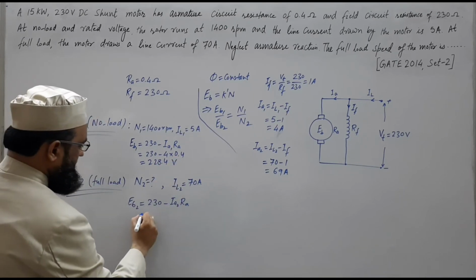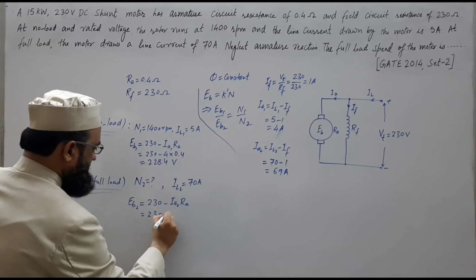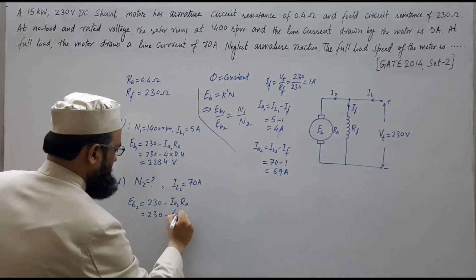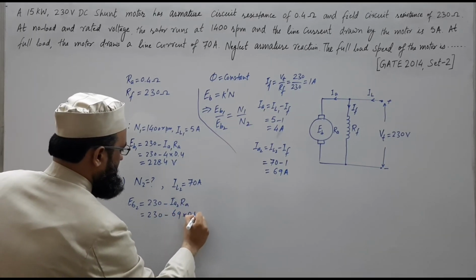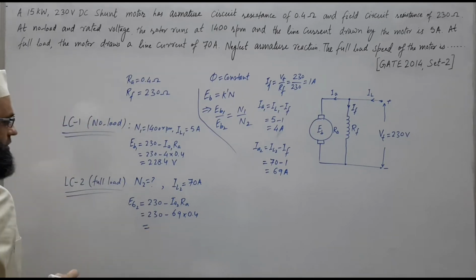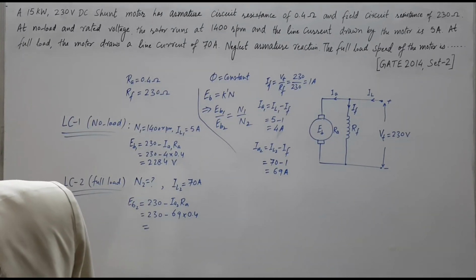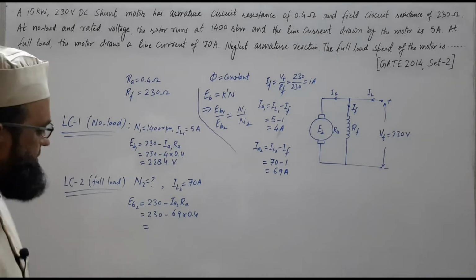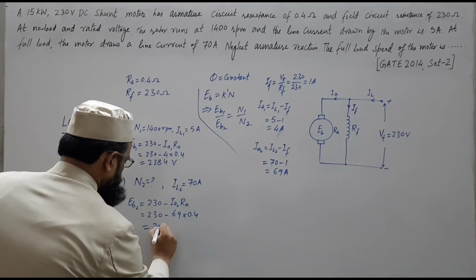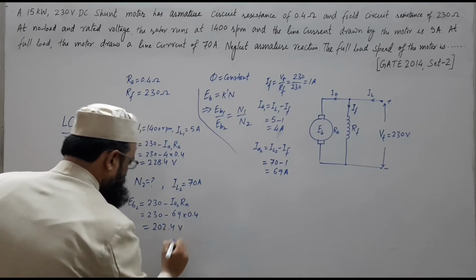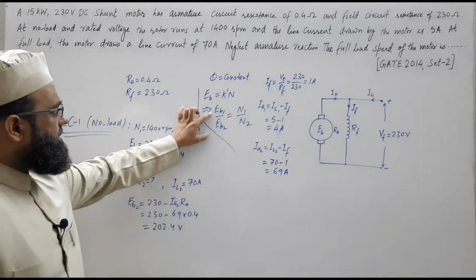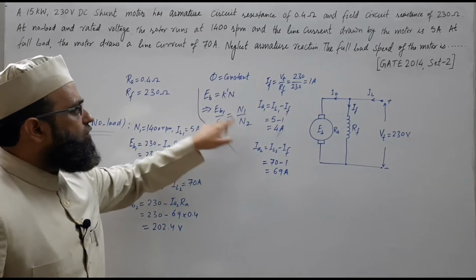Similarly, EB2 is 230 minus 69 times 0.4, which comes out to be 202.4 volt.